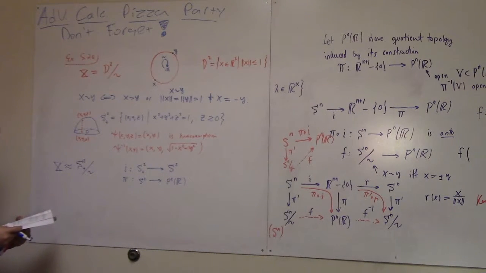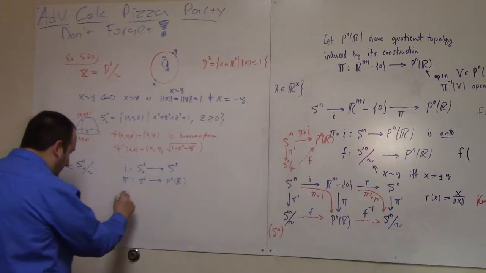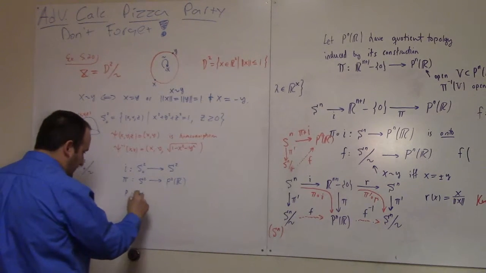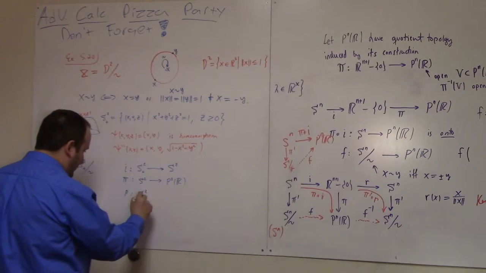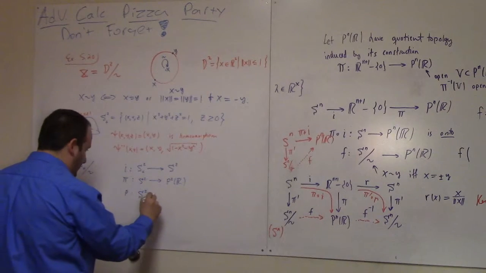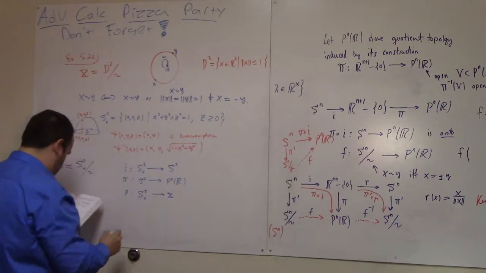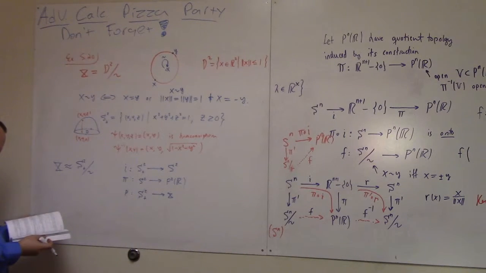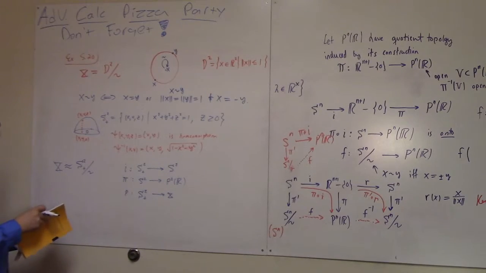And then he says P goes from S2 plus to X, which is the canonical quotient.